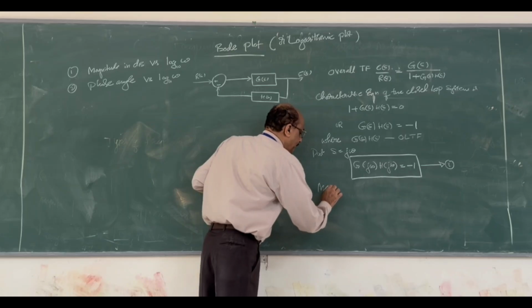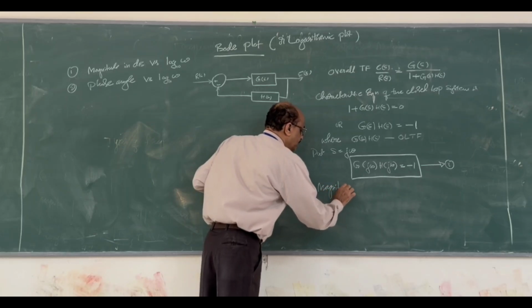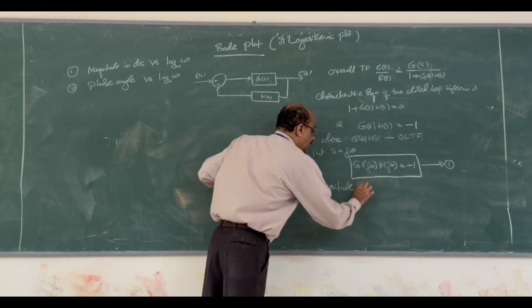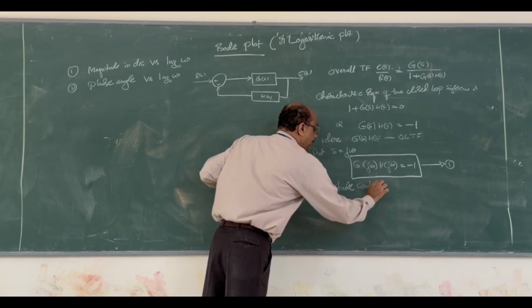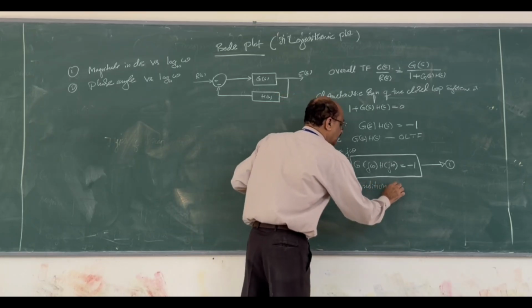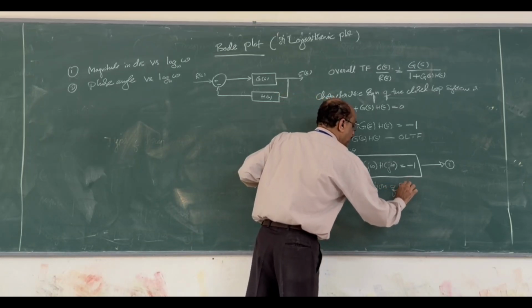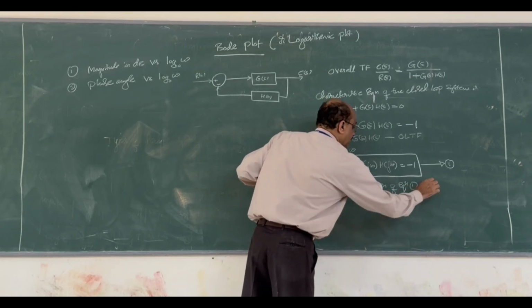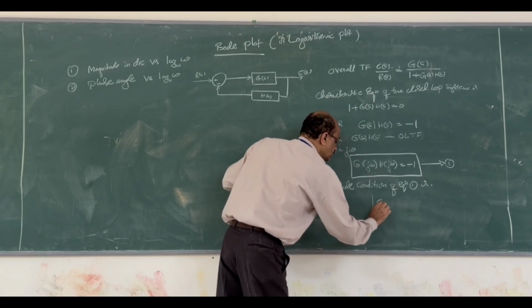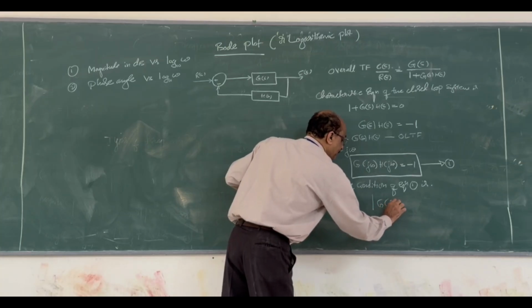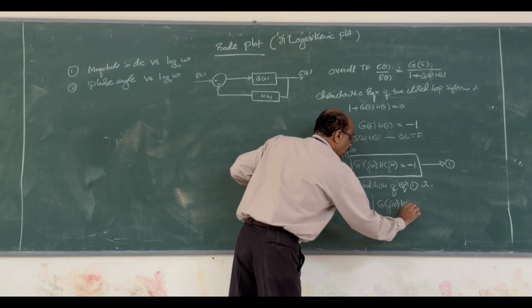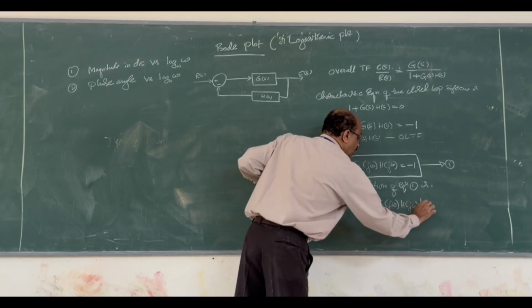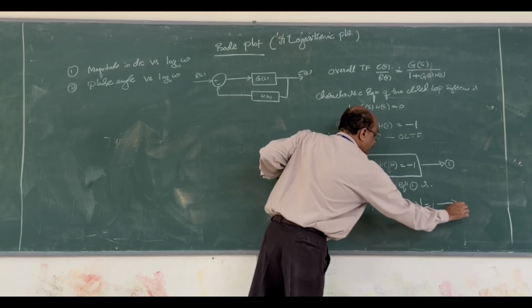So the magnitude condition of equation 1 is that the magnitude of G(j omega)H(j omega) equals 1. Let me call this equation 2.